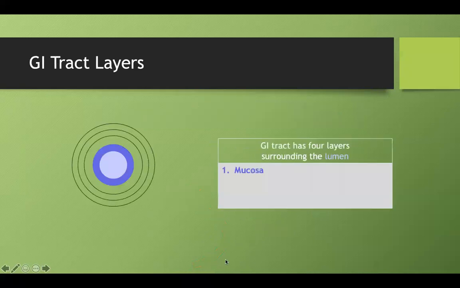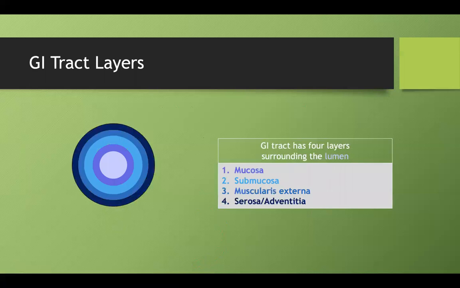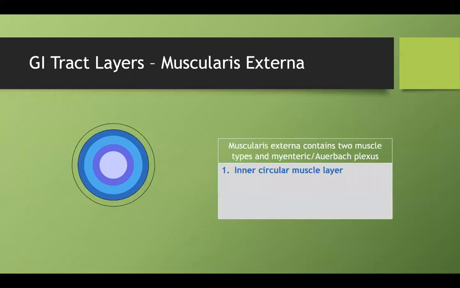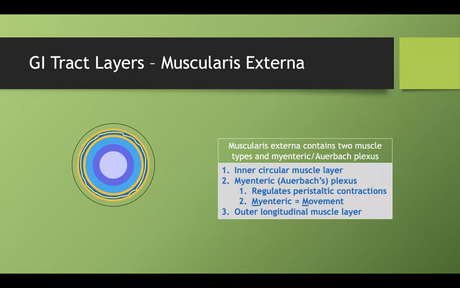So if this is our lumen, mucosa, submucosa, muscular layer, and serosa or adventitia, we know that our third layer is our muscular layer, right? So you have your circular layer, and we have our myenteric plexus, which we've talked about now many times as being the nerves that supply peristalsis. And then you have your outer longitudinal layer.